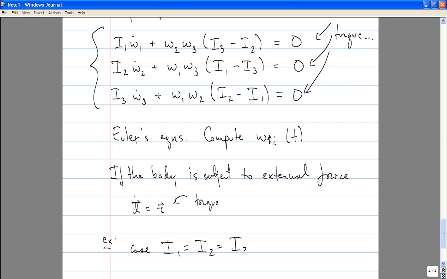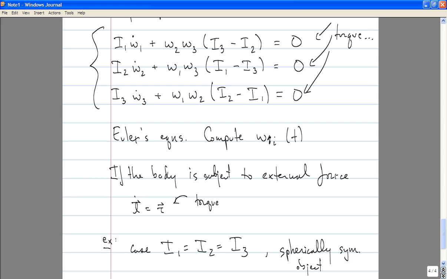This would correspond to an object with complete rotational symmetry, a spherically symmetric object, such as a spherical shell or a solid ball or something like that.